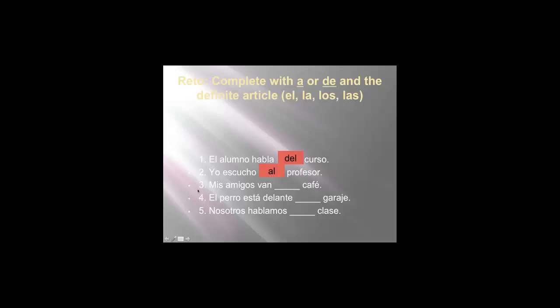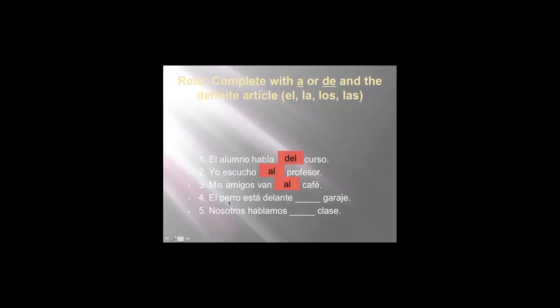Mis amigos van al café. My friends go to the cafe. Now this ends in an E, so it might have been difficult for you to know whether it was masculine or feminine, but if you remembered that café, meaning the cafe, is masculine, you would have put al.